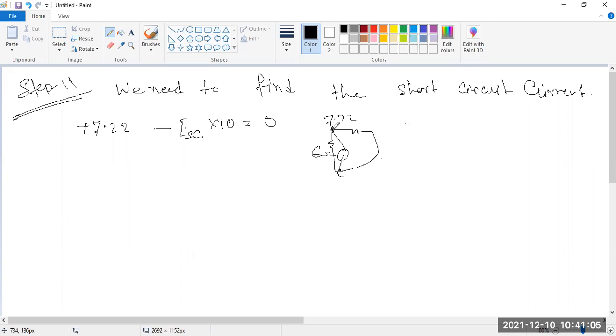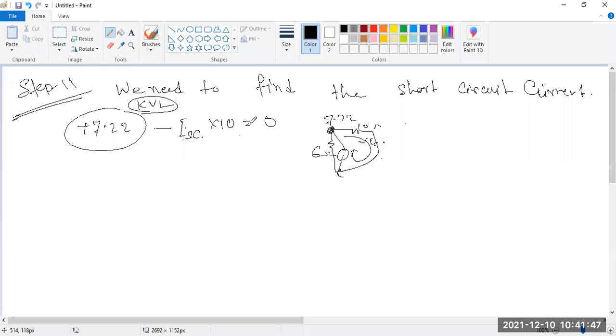so if this voltage is 7.22 volt, because if you apply KVL, then you can find that in this loop summation of all voltage will be 0. So summation of all voltage, this is the voltage over this point, and ISC plus 10, because this is the 10 ohm resistance and current is flowing.